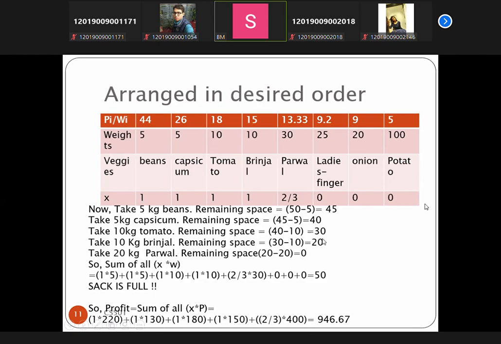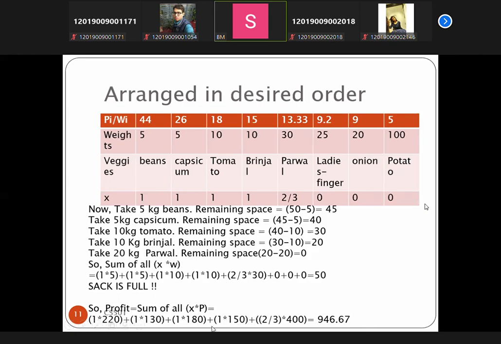You can take tomato, brinjal, parwal, this is done. But it may happen at some situation that in case of parwal, you are not able to take the entire 30 kg. You have produced 30 kg of parwal, that is potol, but you can take only 20 kg. That means you have taken 2/3 of your production. That's okay.